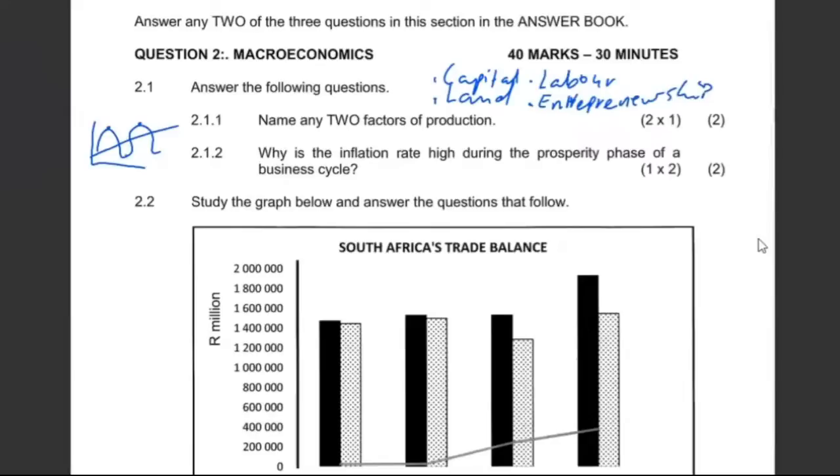So now here we have our trend line, and then here we have our upper turning point, which is a peak, and then here we have our lower turning point, which is a trough. So if you still remember grade 12, when an economy takes off from a trough to the trend line, this is called the phase of recovery, because the economy is recovering from the trough.